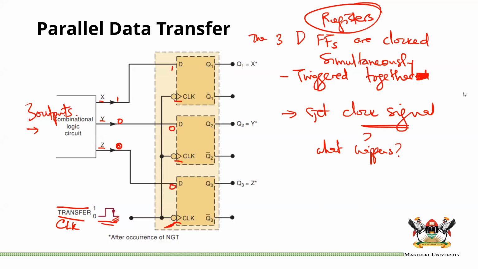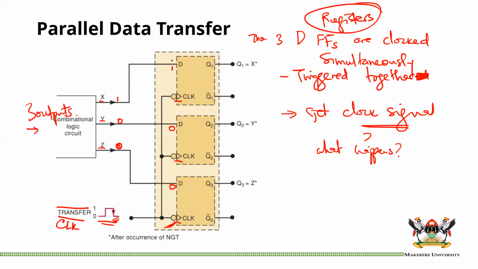Yeah, for me, I think when the clock is in, the outputs of all the D flip-flops will be high. That means it will output X, Y, Z at the same time. But what are the outputs of X and Y and Z? Okay, so anyway, you remember that we said that for the D flip-flop, when the active clock transition comes in, what is at the input goes to the output.